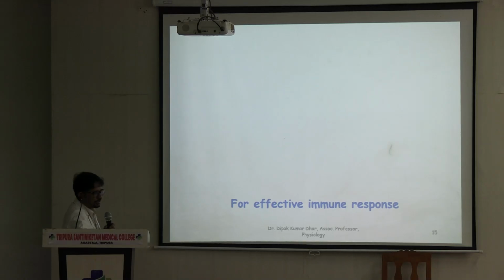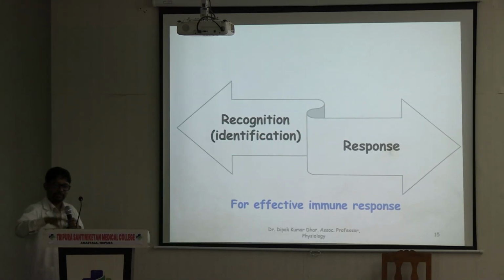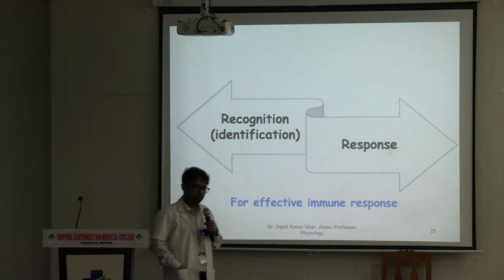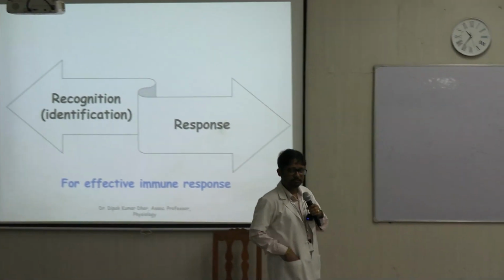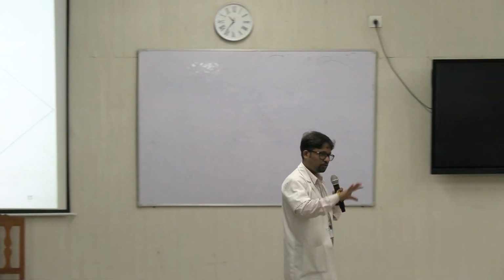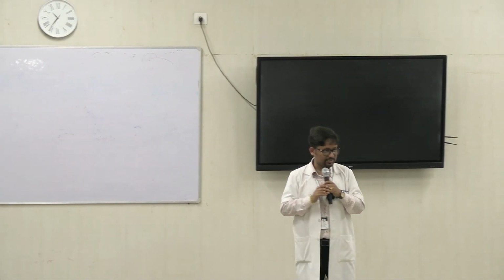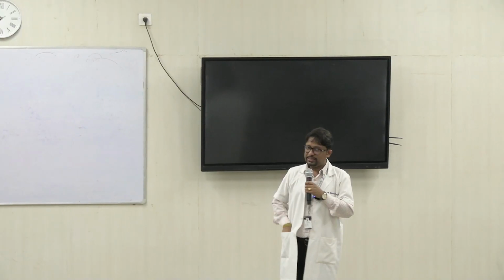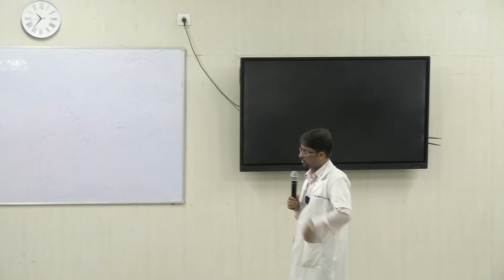So I will go directly to the mechanisms now. For any immune response to be very effective, there are two steps. The first step is recognition, whether it is innate or adaptive. For both of these, recognition is the first step. Once it is recognized, then there is a response proper. Now in innate immunity, the recognition mechanisms present are two things.